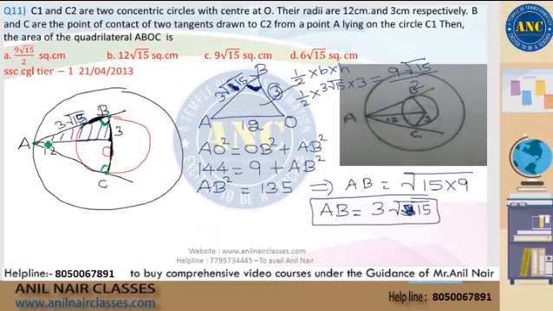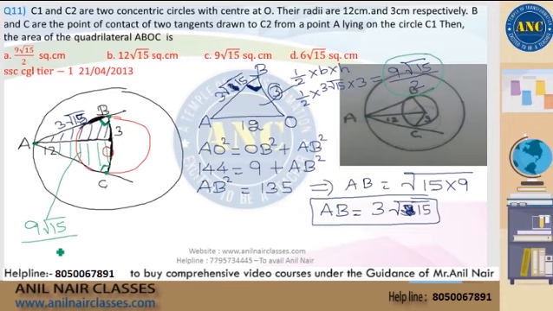That means whatever area you got for AOB, the same area will be for AOC also. Area of triangle AOB is the same as area of triangle AOC because of similar triangles. So if AOB area is 9 root 15 by 2, AOC area is also 9 root 15 by 2.